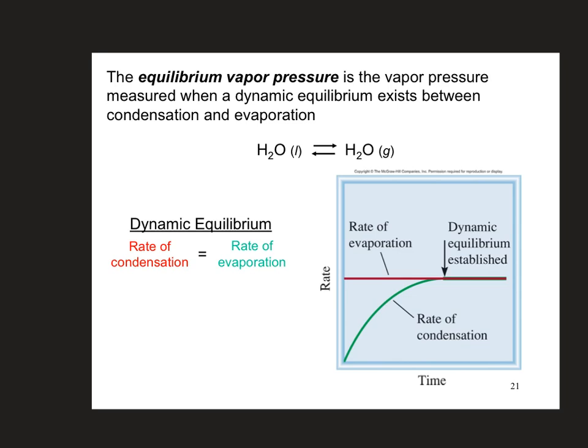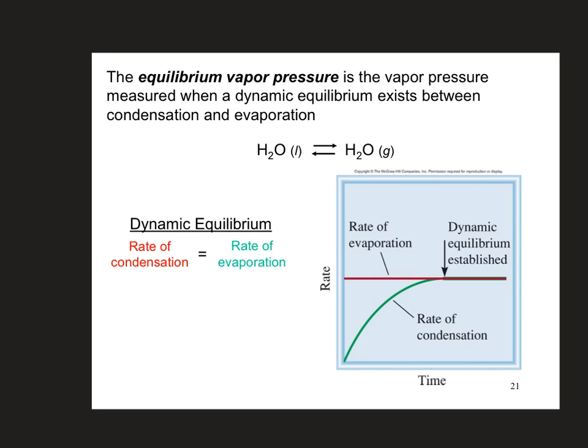So equilibrium, that's the first time you're hearing this word. Equilibrium vapor pressure is that pressure I was just talking about when this dynamic equilibrium exists between the two changes in phase: condensation, gas to liquid, and evaporation, or vaporization, liquid to gas. So in a sealed container, you've got the liquid that's evaporating, but then the gas that's condensing.